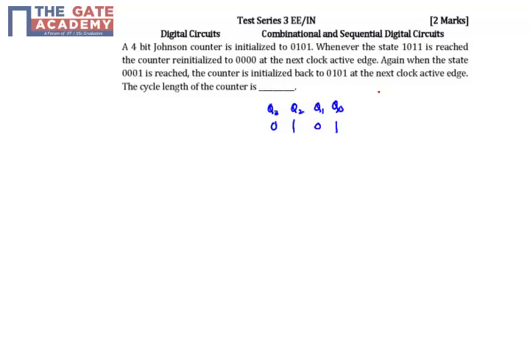And the Q3 value is equal to Q0 bar in the earlier clock pulse value. This is the principle of a Johnson counter.